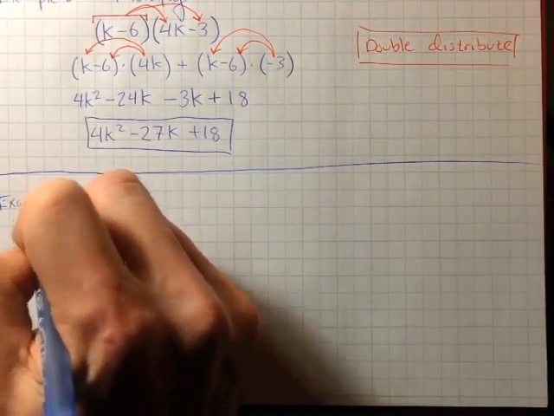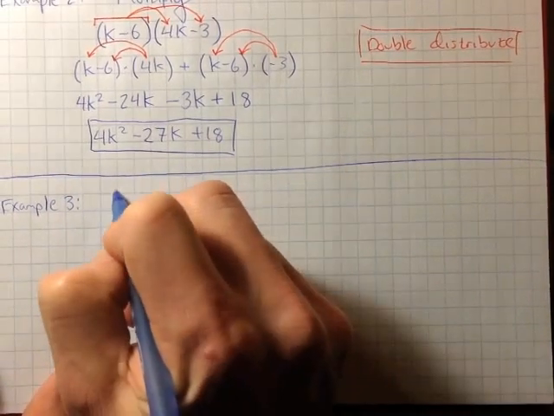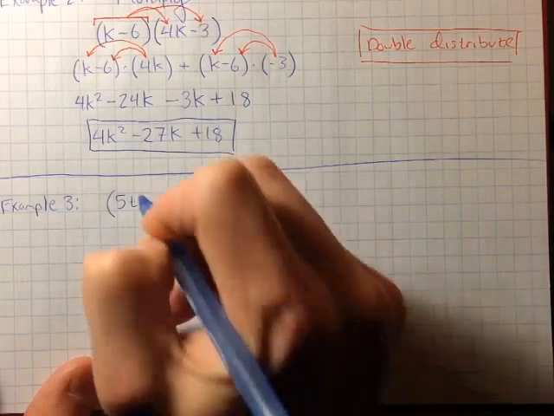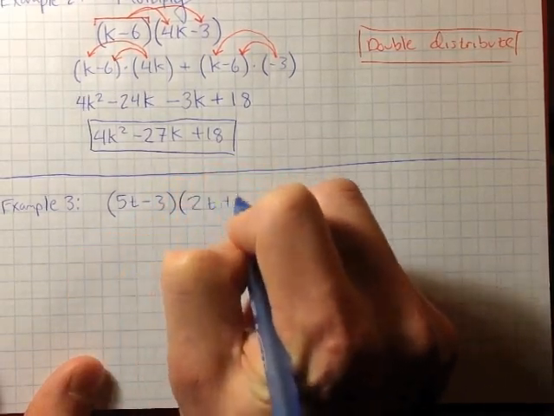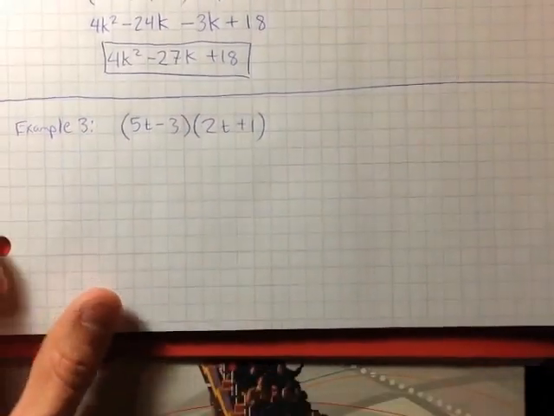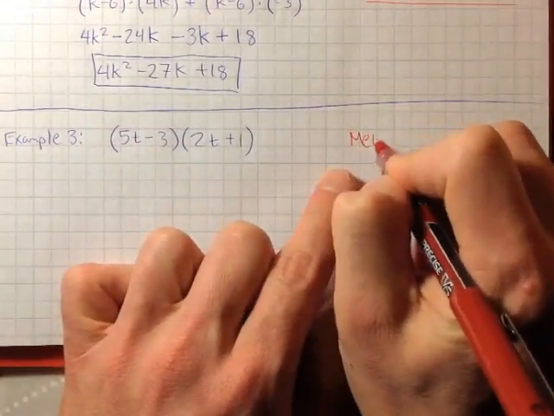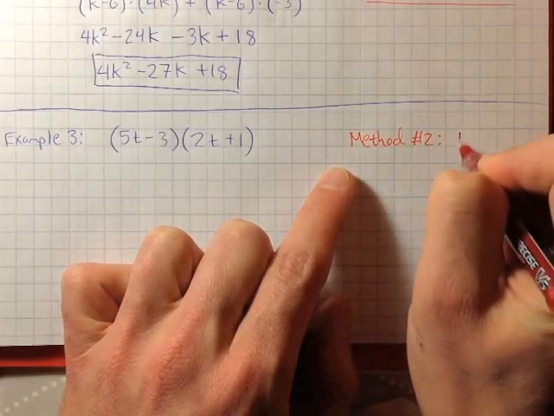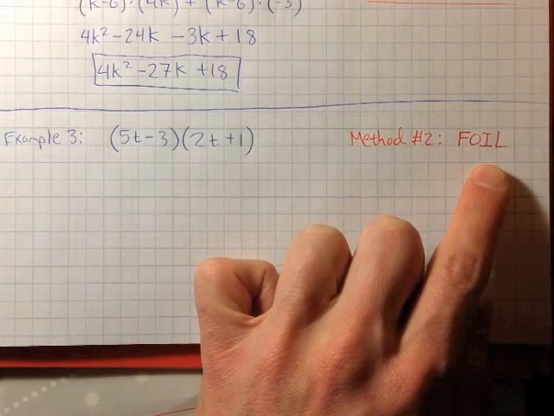Example 3. Let's say we wanted to multiply, how about 5t minus 3 times 2t plus 1. Now, the method that we're going to learn how to apply in this case, method 2, is called FOIL, in all capital letters.